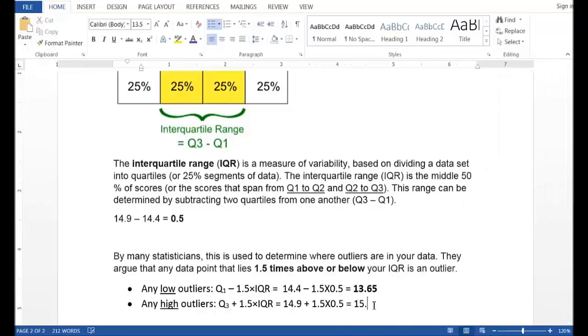So any number that is 15.65 or above would be considered a high outlier using the interquartile range. Well, let's look at our data set really quickly. Keep in mind 13.65 and 15.65 as our cutoffs for outliers. Keep those in mind.